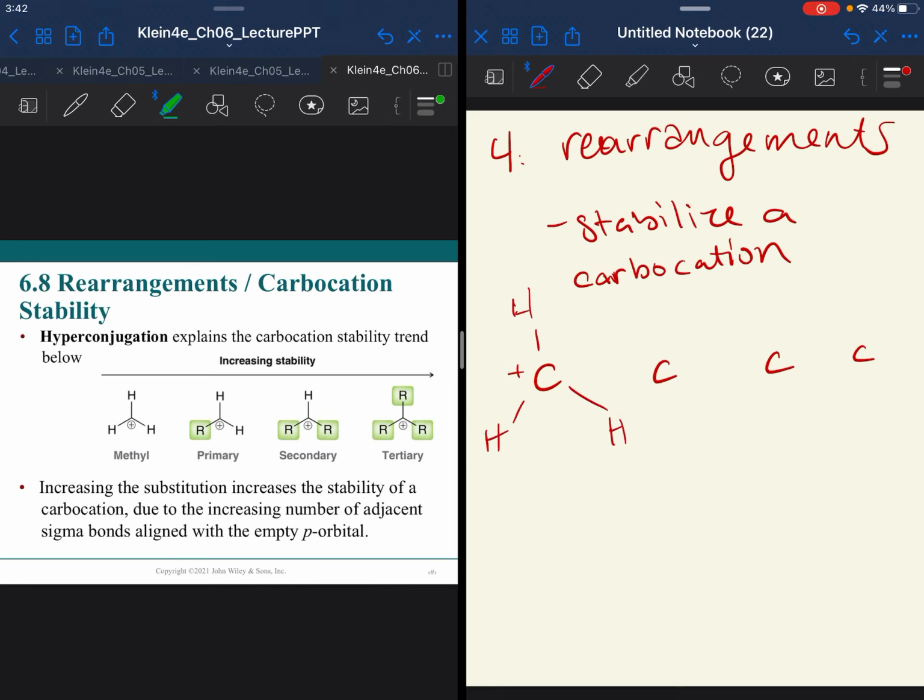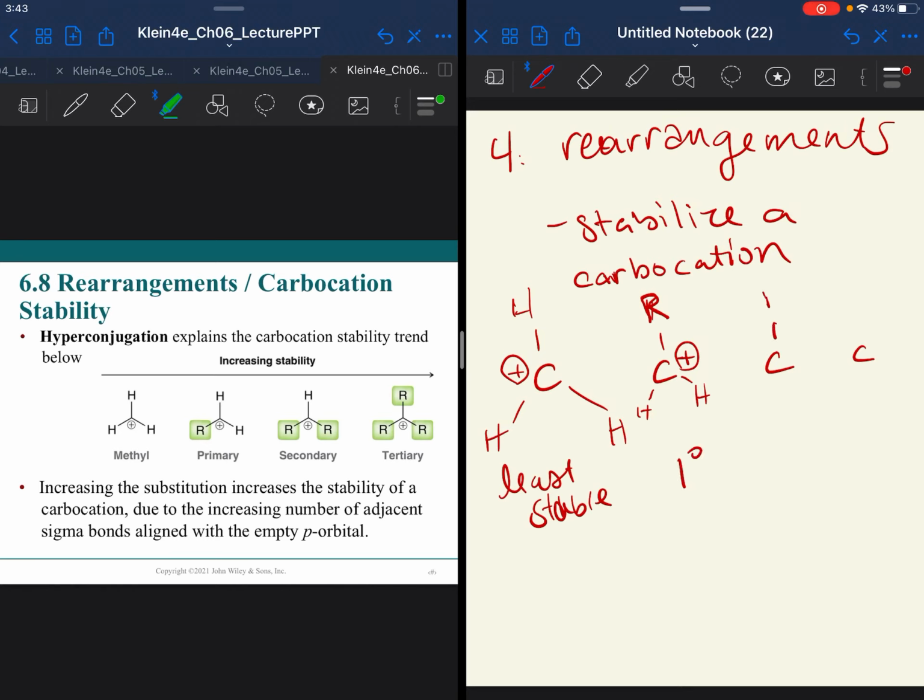If it is all hydrogens, they are not bringing any electron density to the party to help stabilize that plus charge. So this is the least stable. Every time that we replace one of those hydrogens with an R group, now remember, an R group represents carbon. It represents more organic compound. It is going to get more stable.